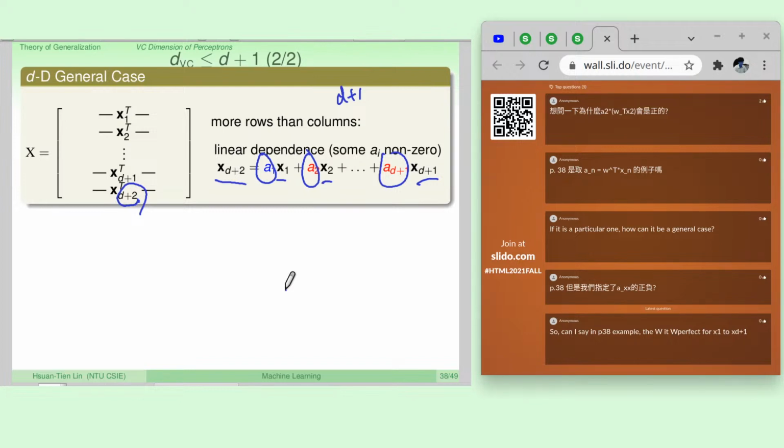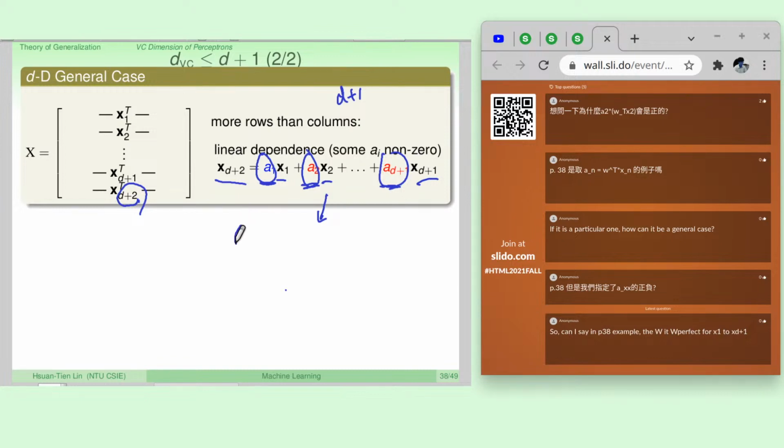And when we're having a general case, what we need to do is start from this general case to see what cannot be implemented. So let me state the proof again. From the general case, we get the linear combination coefficients. We use these coefficients to construct a dichotomy.